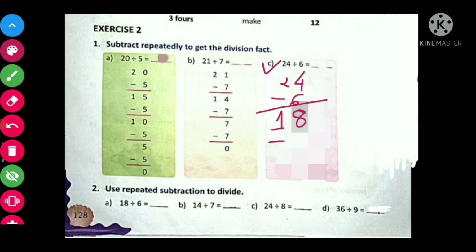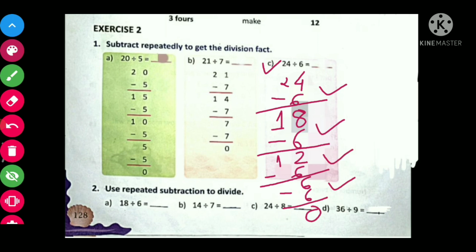Again we'll subtract 6 from 18 and we'll get 12. Now we'll subtract 6 from 12, we'll get 6. Again we'll subtract 6 from 6 and we'll get 0. Just count the steps: first step, second step, third step and fourth step. In total 4 steps we got 0. So here we'll write 24 divided by 6 is equal to 4.